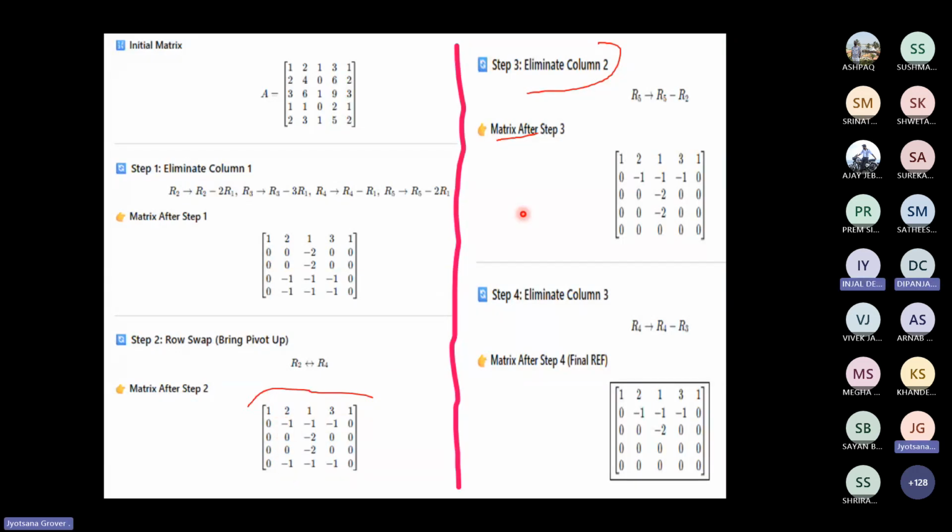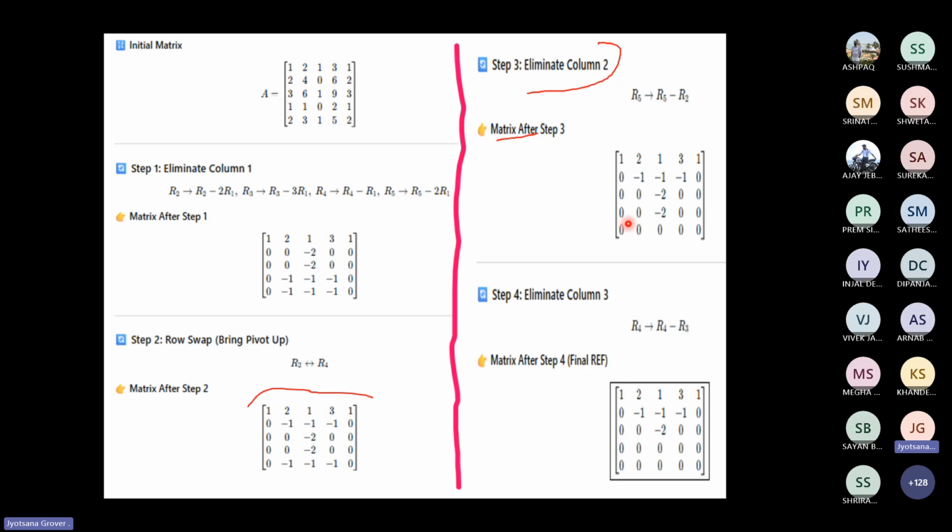So you get -1 plus 1, 0. Then -1 plus 1, 0. Then -1 plus 1, 0. So see, the last row is all zeros.